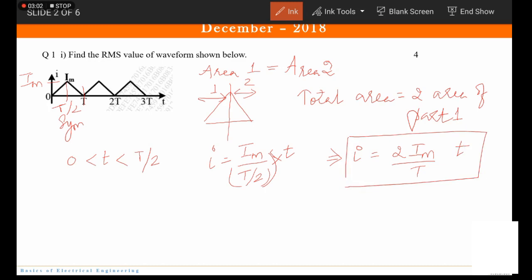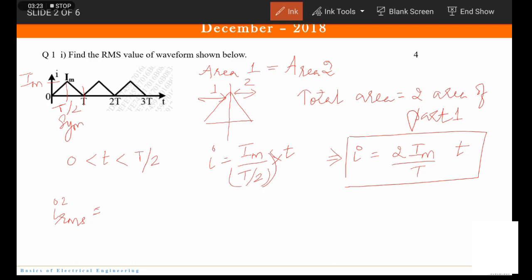Understood? Fine. Now let us write the RMS equation. For RMS we have to take the square and then the square root, and for ease of calculation we always start with the square and at the end we take the square root on both sides.